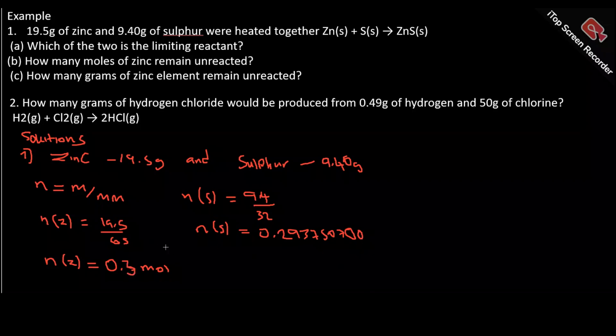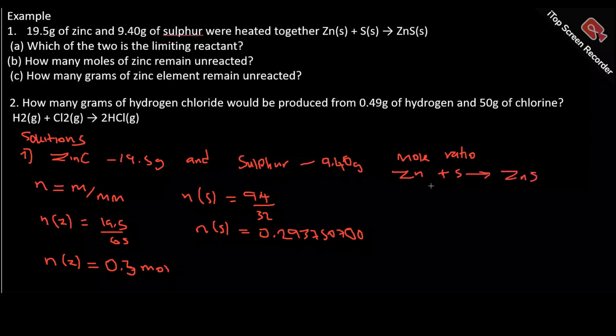This reaction, we have managed to find the number of moles. Now, what is the mole ratio? What are we supposed to do to find the mole ratio? We said we're supposed to divide by the coefficient from a balanced chemical equation. So this is the equation that we have. The question is, is it balanced or not balanced?